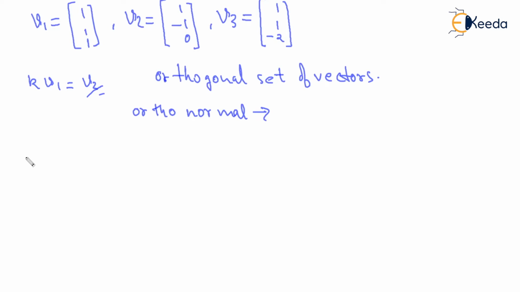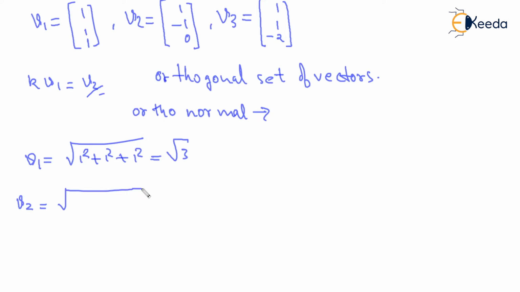The magnitude of V1 is the square root of 1 square plus 1 square plus 1 square, which is root 3. The magnitude of V2 is the square root of 1 square plus minus 1 square, which is root 2.